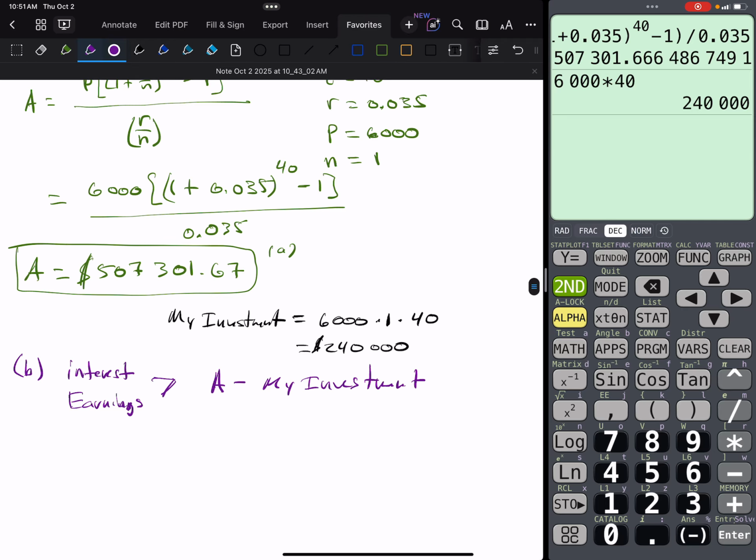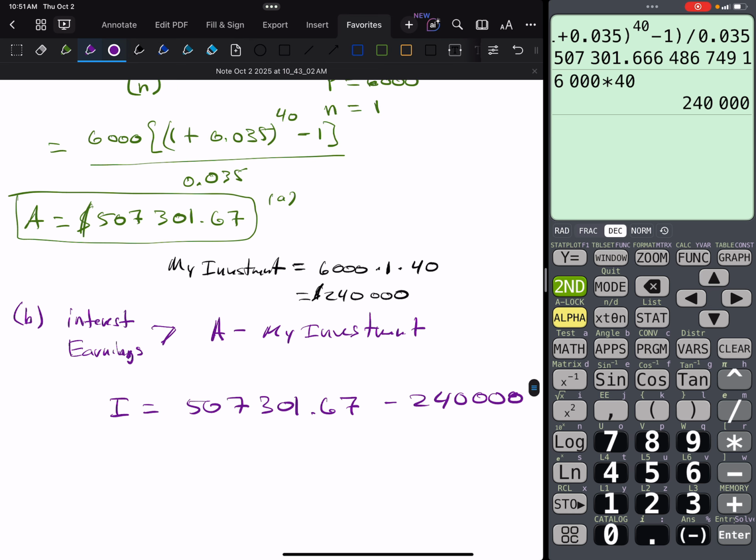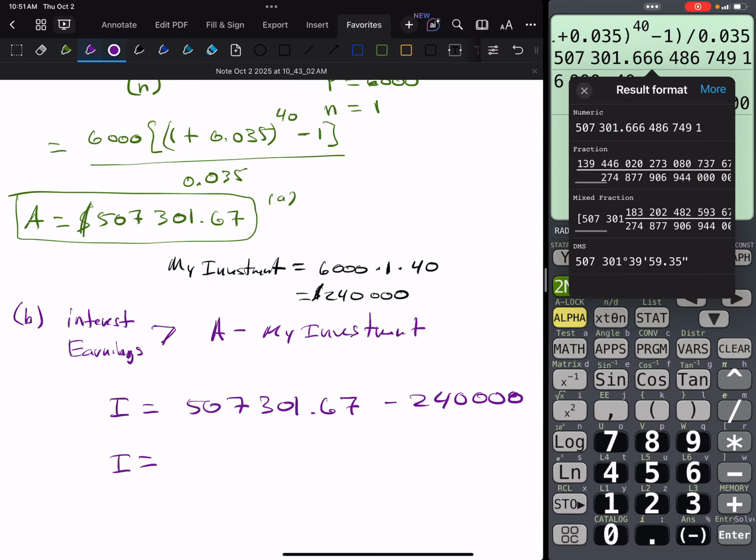Well, in this case, that's just going to be I equals 507,301.67 minus 240,000. Yeah, I need one more zero there.